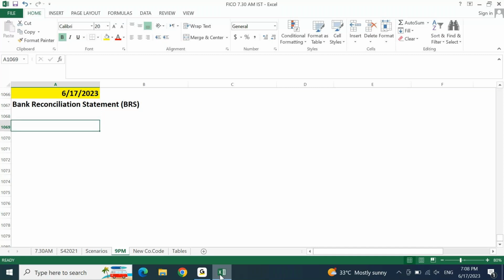Let me take example number 1. In example number 1, let's take Citibank current account, INR currency, and account number, some random number.